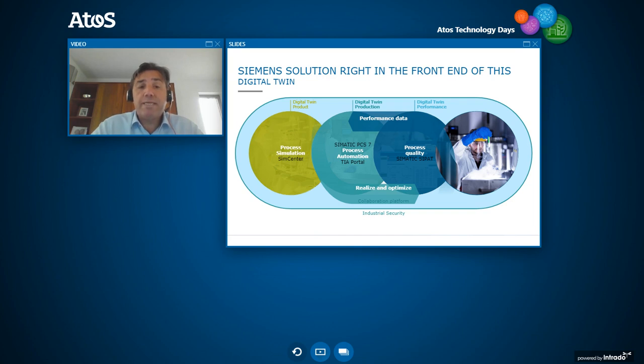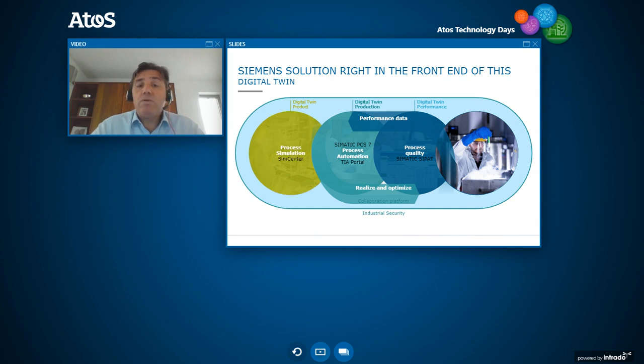So I'm integrating the simulation capabilities with the automation capabilities. And of course, I would like to monitor the process in real time by applying a continuous verification process, by applying embedded or integrated analytic tools like process analytical measurement techniques: particle size, near infrared, even chromatography, and so on.